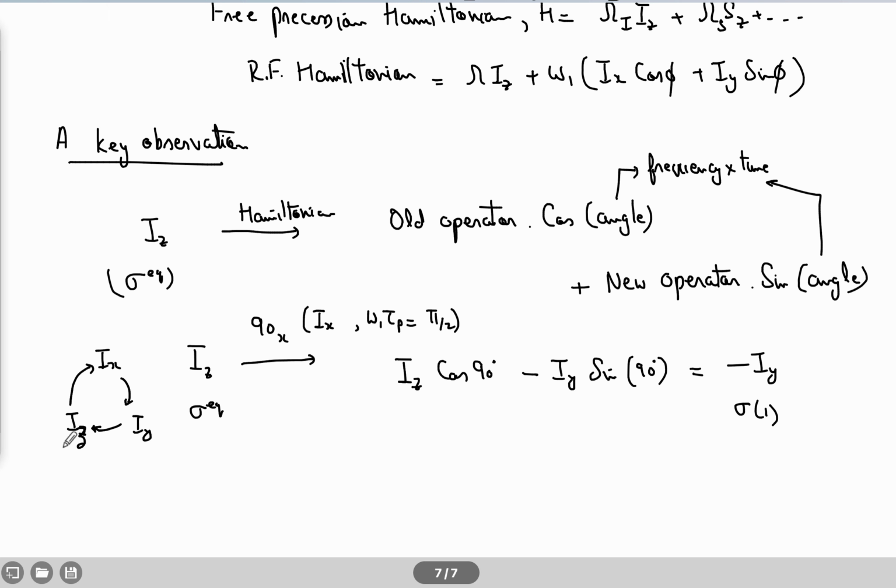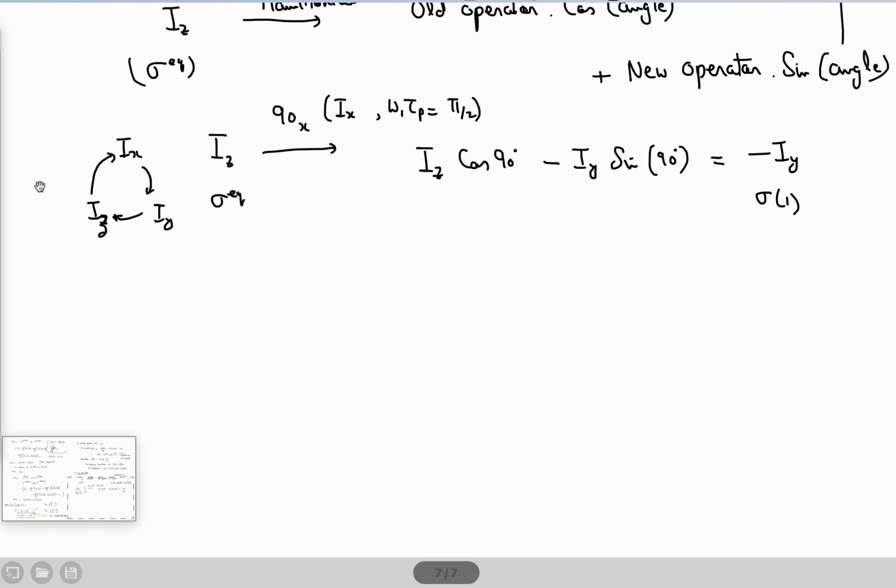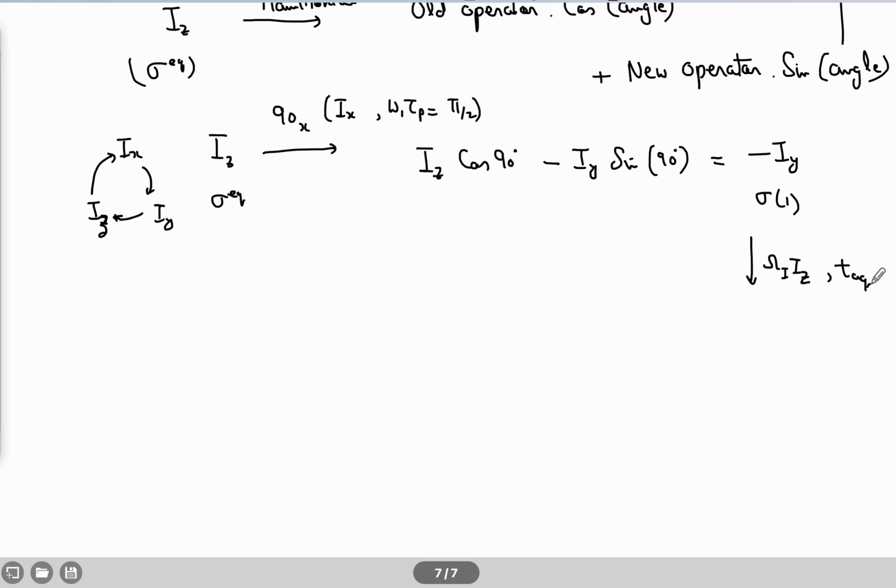So now further for sigma 2, after this I'm doing a chemical shift evolution. The Hamiltonian here is omega I Iz, and the duration is t, the acquisition time. So what do I get?